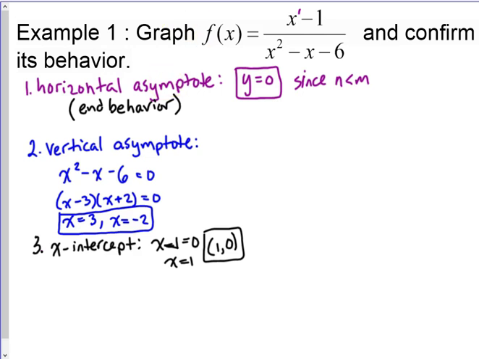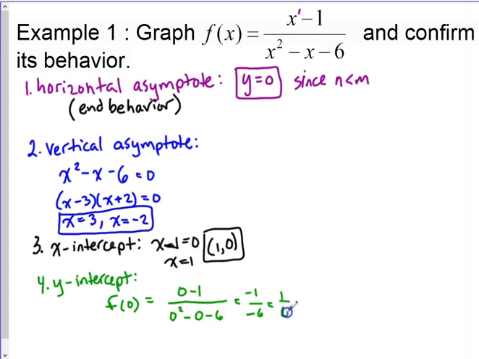All right, our y-intercept. So the y-intercept is the place where f of 0 is. So we want to substitute in a 0 for all our x's. So I think we can see that we have a negative 1 over a negative 6. So 1/6.